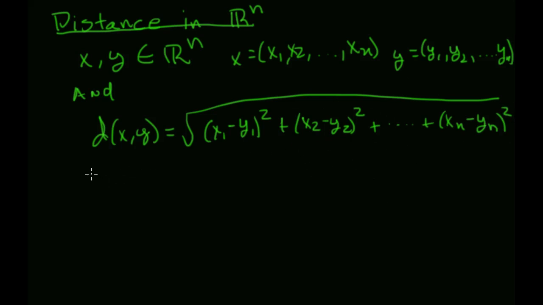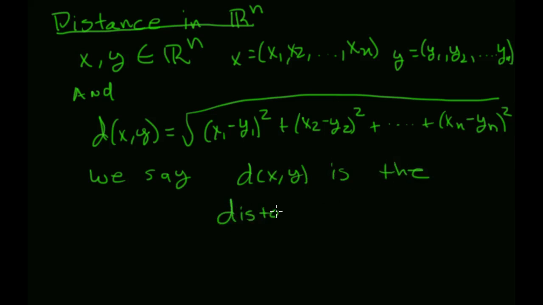Then we say that d of x, y is the distance between these objects in Rn called x and y. So now we've made a good solid definition for what a distance is.